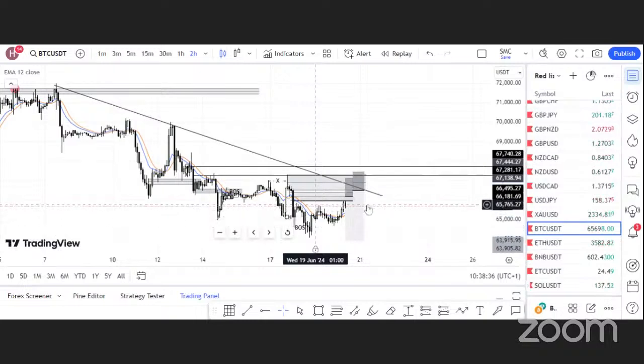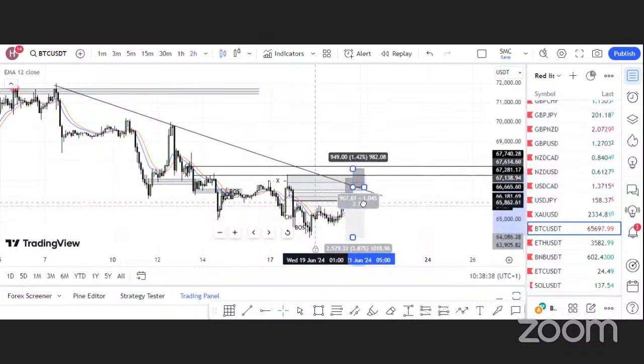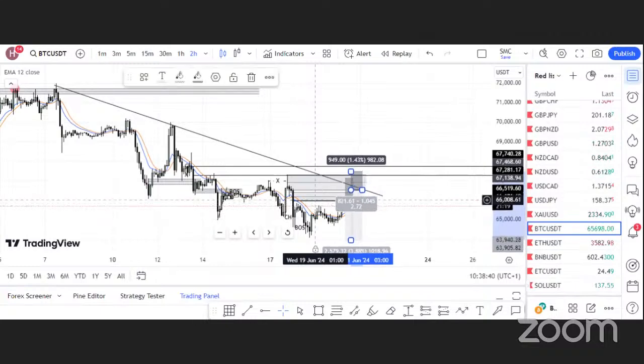If I'm taking this trade from here, you see we have a better risk to reward ratio.